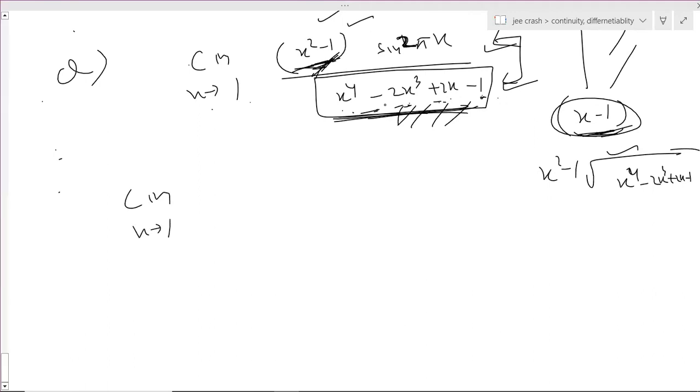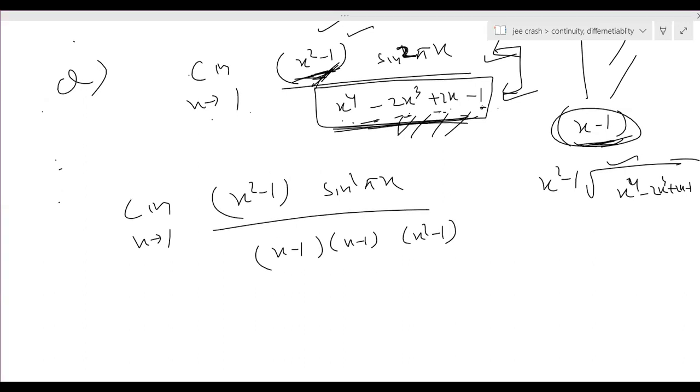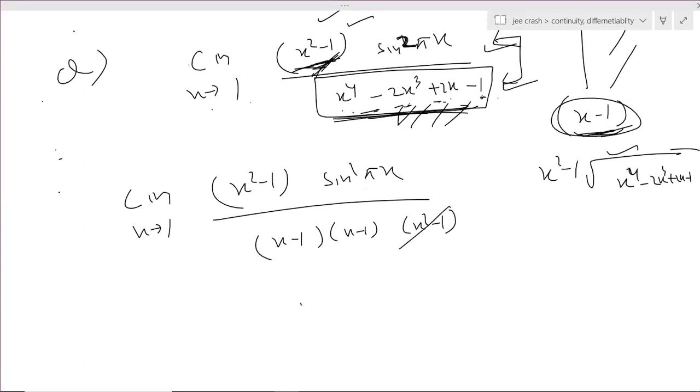Let me write down the factors. The factors will be x minus 1, x minus 1 into x square minus 1. So we can see this is getting cancelled.